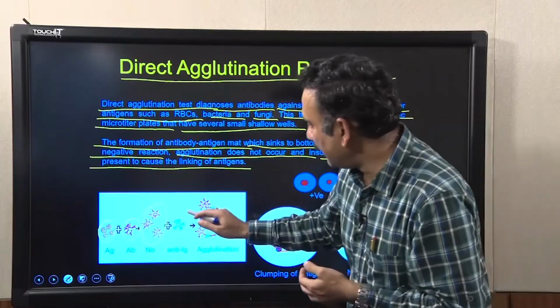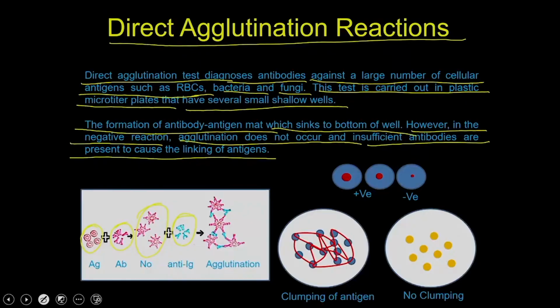But as soon as you add the anti-IgG antibody, which is going to cross link the antibody attached to the antigen, all these antigens are going to form a network, and because of that they form an aggregate, and that aggregate is visible to the naked eye, and that is how you get the agglutination reaction.